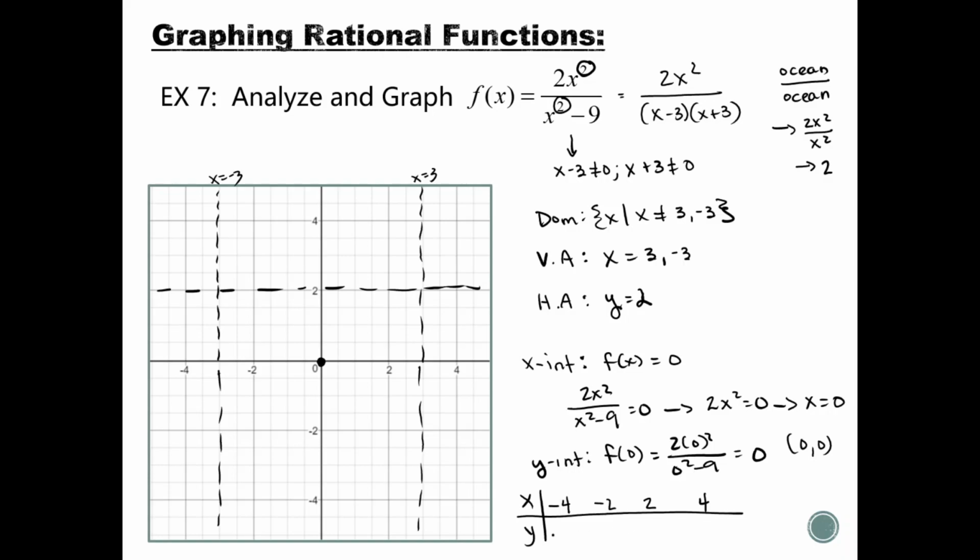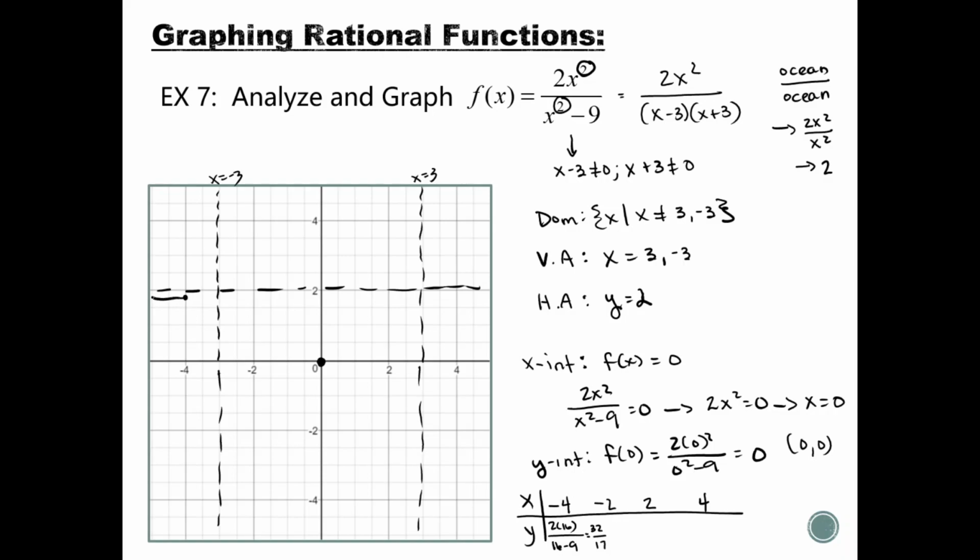If I put in a -4, we'll get 2 times 16 over 16 minus 9. That's going to get us 32 over 17. So that's just a little less than 2. 34 over 17 would be 2, so just a little less than 2. It's going to be about right here.